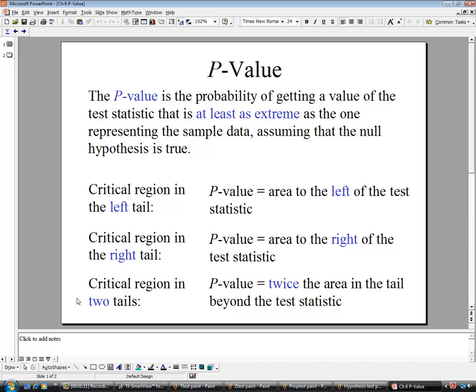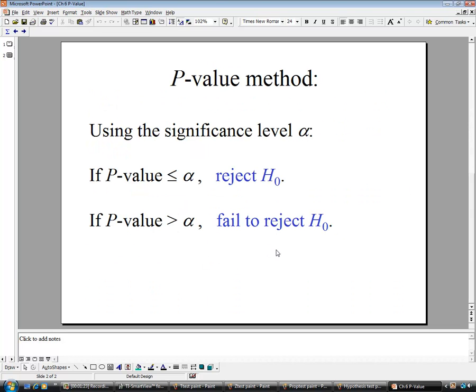If it's negative, you find the area to the left. Then you must double that because, as you know, we cut the alpha level in half. So you double whatever that area is, and that becomes your p-value. This is the rule: if your p-value is less than or equal to your level of alpha, reject the null hypothesis. If it's bigger than alpha, you fail to reject.